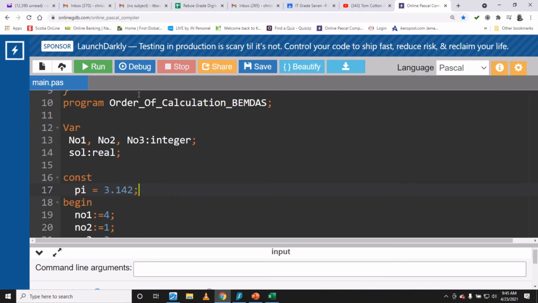Alright, when do you use pi? You're always using pi when you're doing circles. Why? Because pi was developed by saying the diameter of every circle can go around the circumference of that same circle 3 times with a remainder of 0.142.